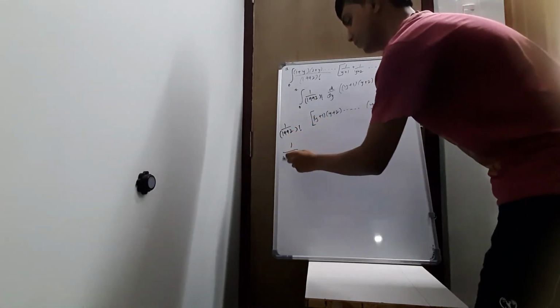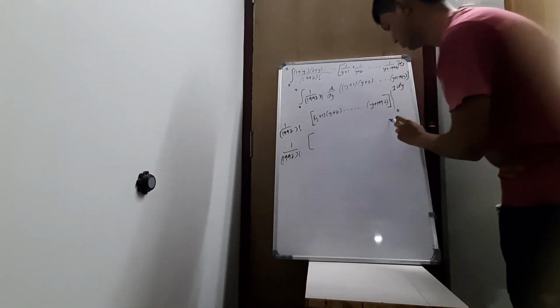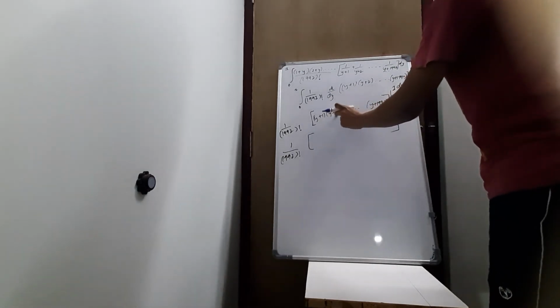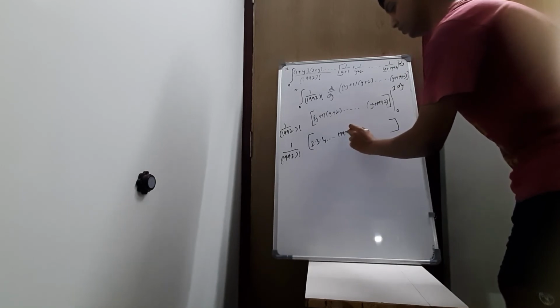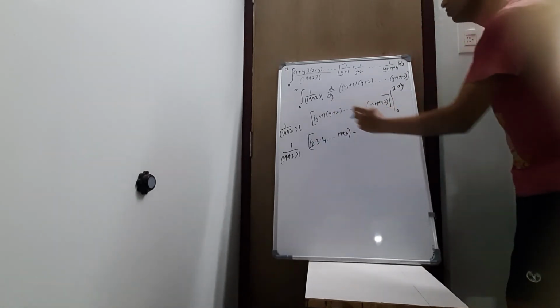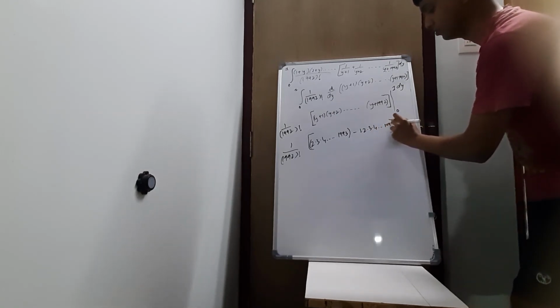Now, 1/1992 factorial, if we apply the limit at y equal to 1, it's simply 2 times 3 times 4, and so on, up to 1993, right? Minus, if you apply 0, that's 1 times 2 times 3 times 4, and so on, up to 1992.